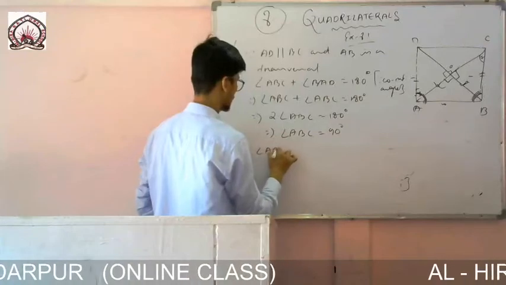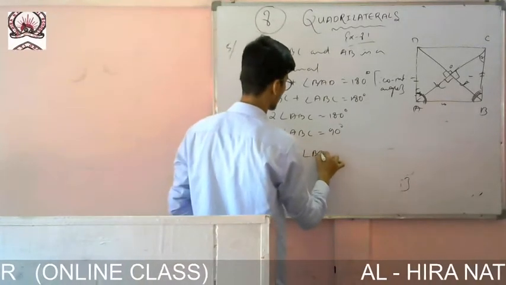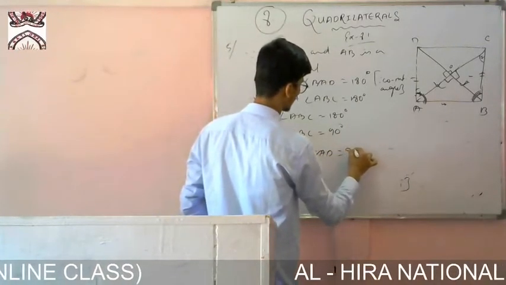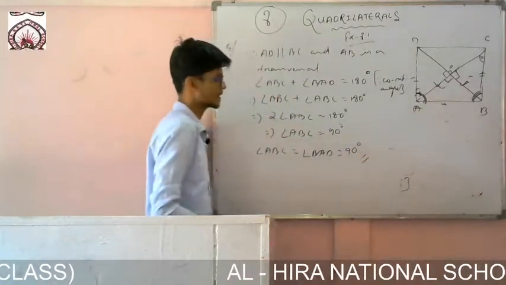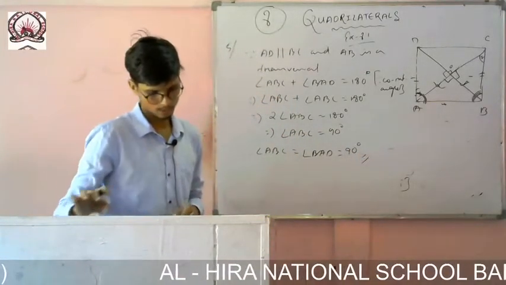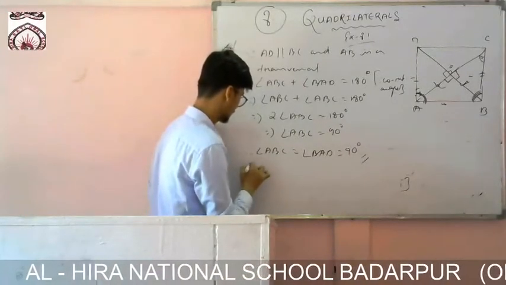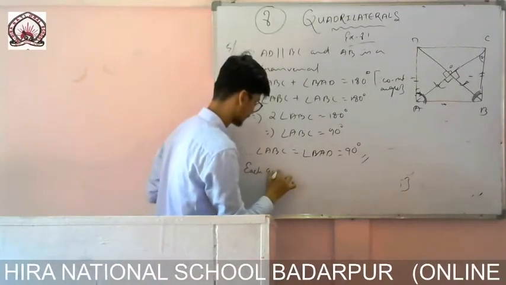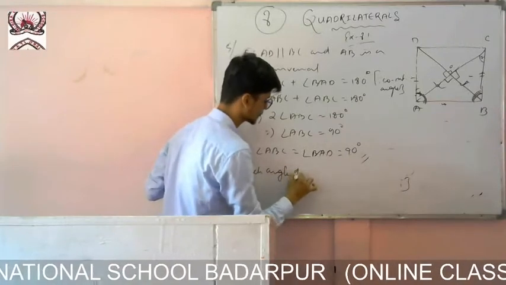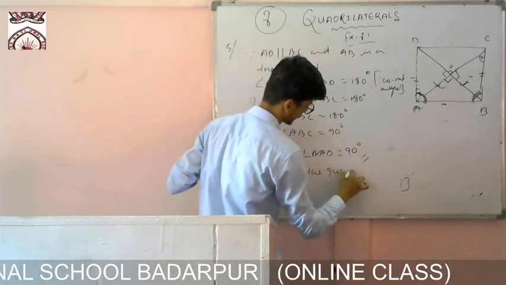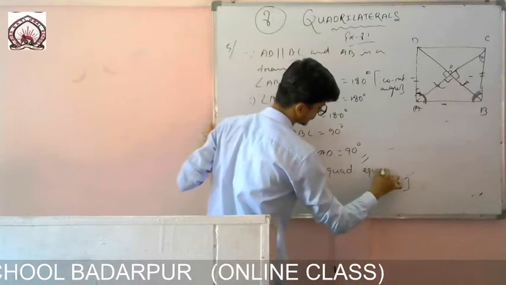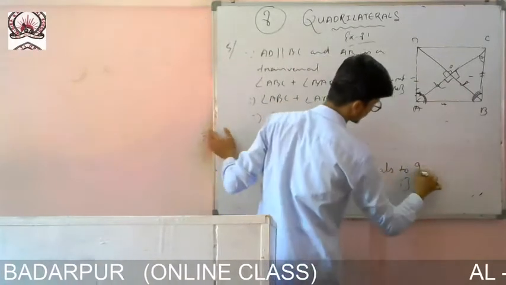Therefore angle ABC equals angle BAD equals 90 degrees. So therefore each angle of the quadrilateral ABCD equals 90 degrees.